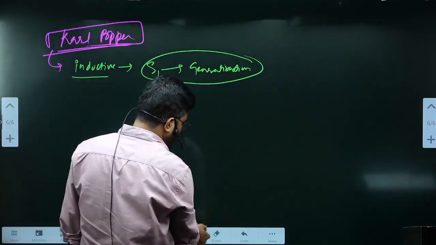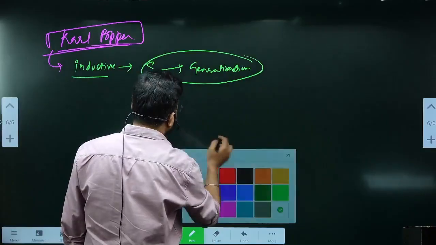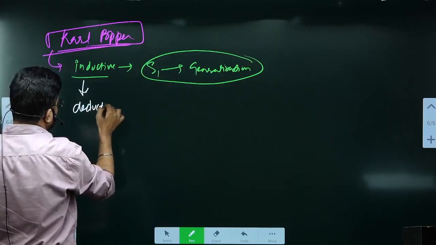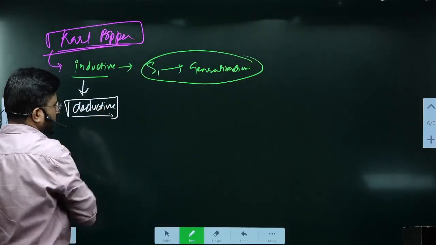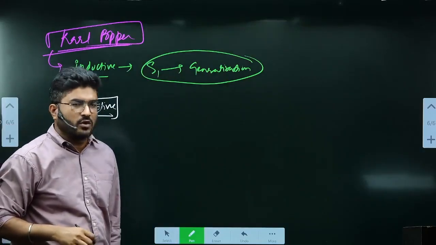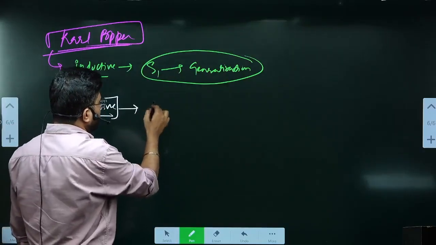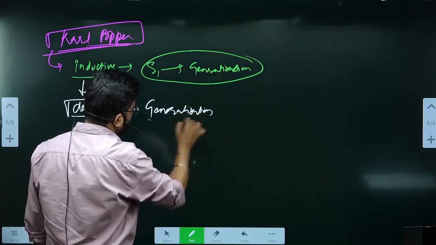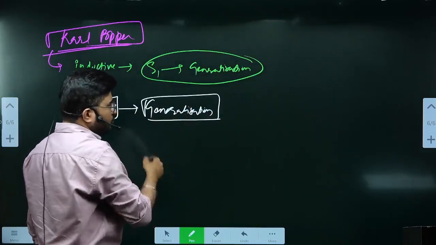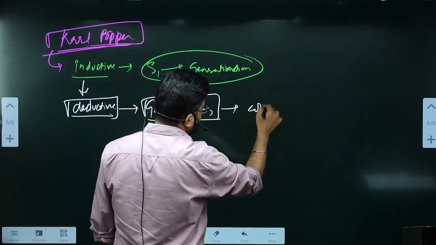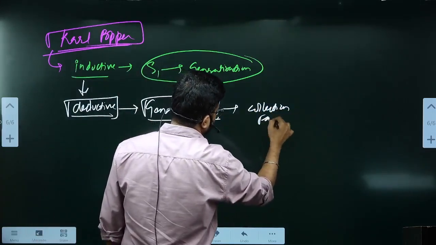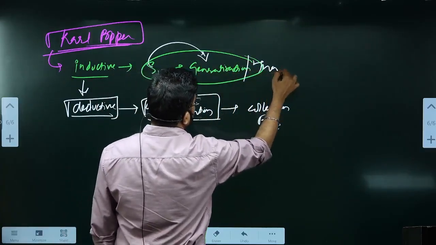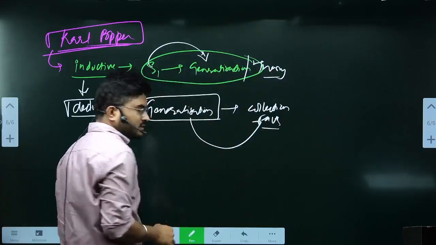Science, or the researcher, should look for the deductive approach. What is it? Deductive approach is all about moving from generalization, from theory, towards collecting facts, not from facts to theories, but from theory to facts.